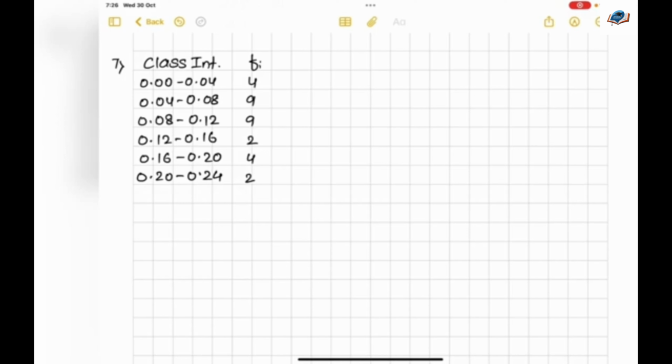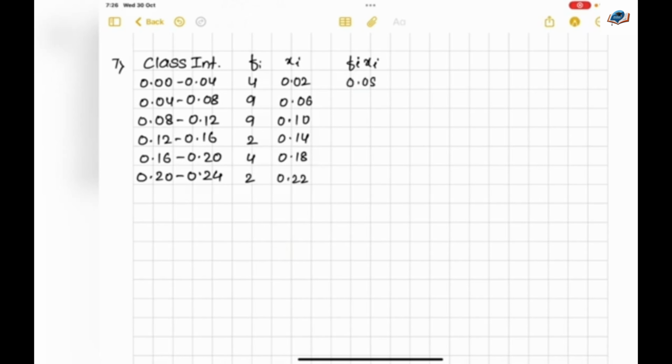Now, xi if I find, so that will be 0.02, 0.06, 0.10, 0.14, 0.18 and 0.22.